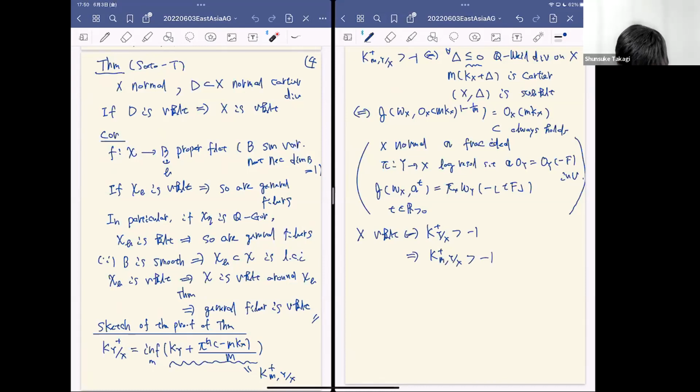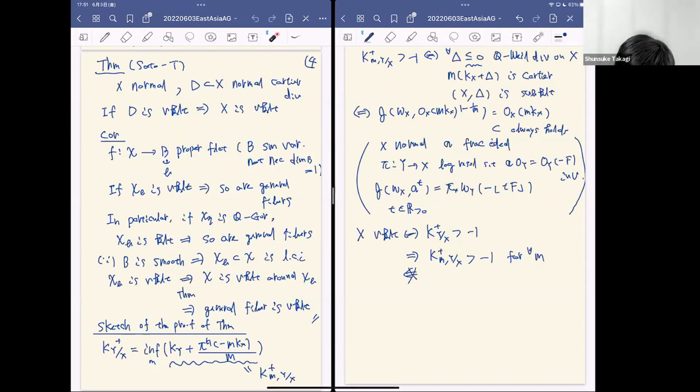But since K plus is the infimum of K plus m, the converse is not true. Even if K plus m is greater than -1 for every m, since we take the infimum, K plus might be equal to -1. So therefore the converse is not true.